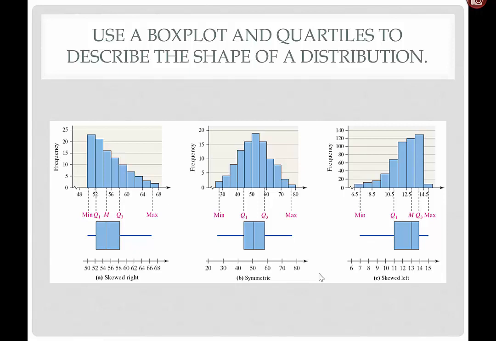If your box plot is pretty symmetric, if everything seems pretty evenly spaced, then you're going to have a fairly normal, bell-shaped distribution. And then if you have most of your data to the right-hand side, closer to the maximum, then that's going to be skewed to the left.